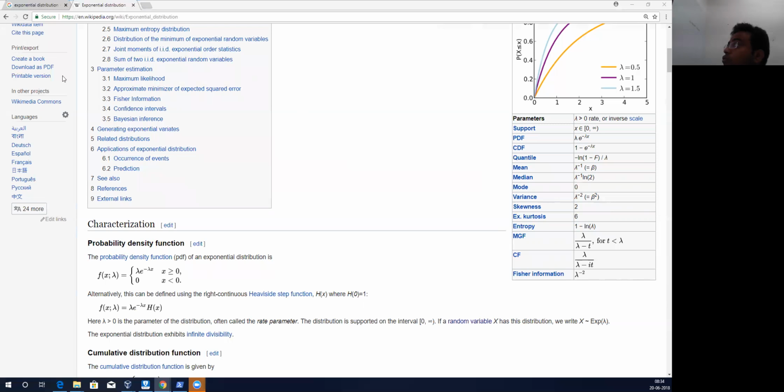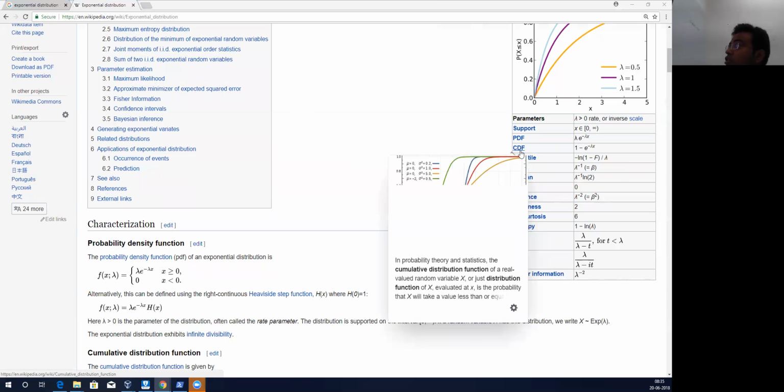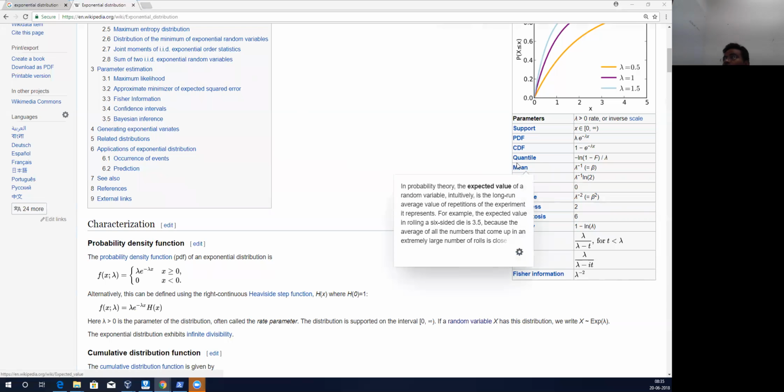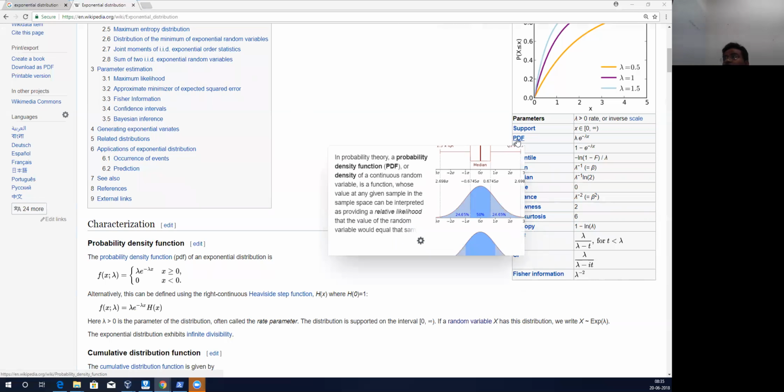Okay, so you have various terms here. You can see here the mean of the data. This is the probability density function. You remember what the probability density function is? We started with histograms, right? Histograms mean the frequency distribution. If you divide the frequency by the total number of occurrences, that tells you the probability of that particular data.